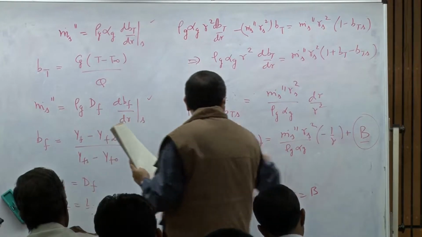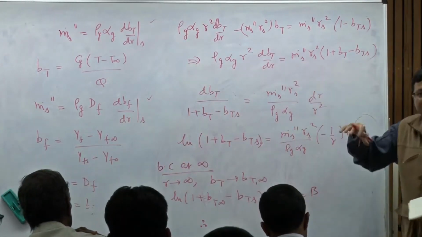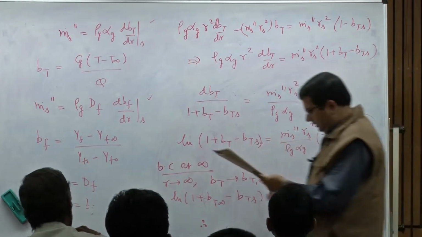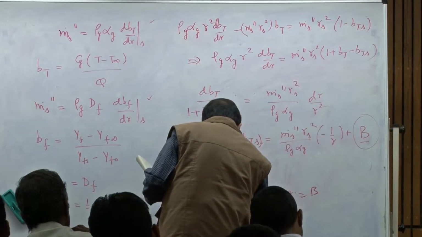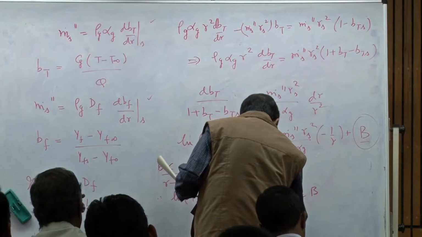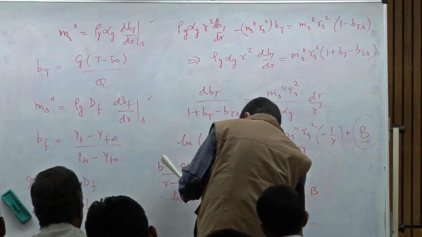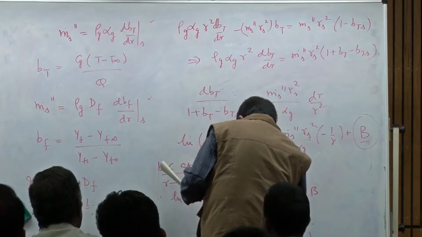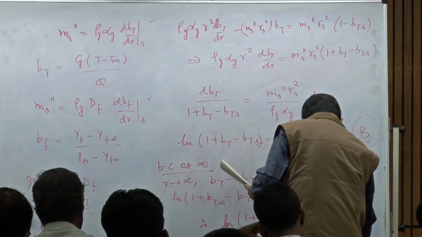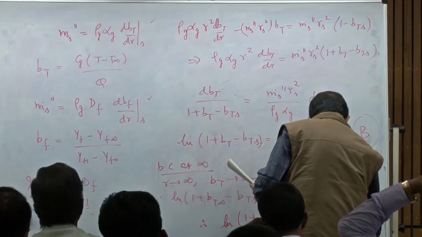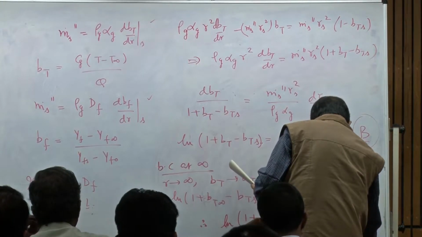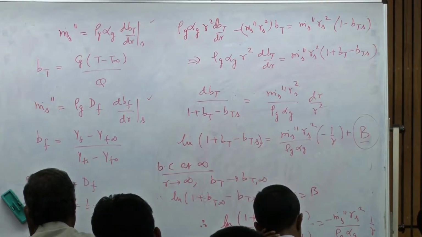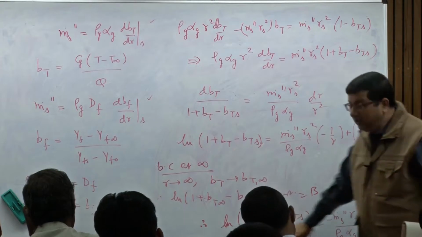Therefore, the solution of this expression now, imposing both the boundary conditions. We have already imposed the boundary condition at the surface once, now putting that at infinity, the final solution is ln 1 plus B t minus B t s upon. Now, this is at any location.